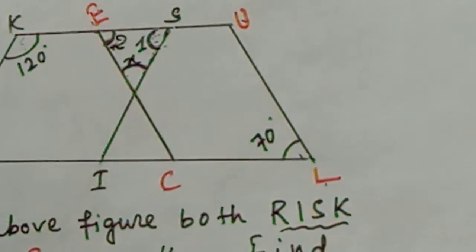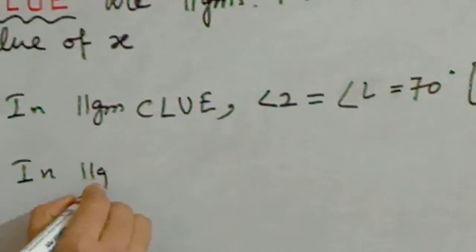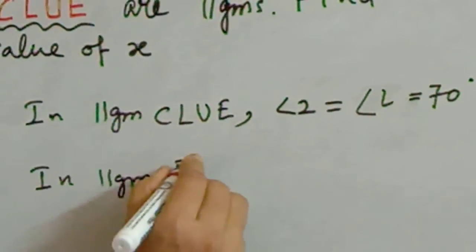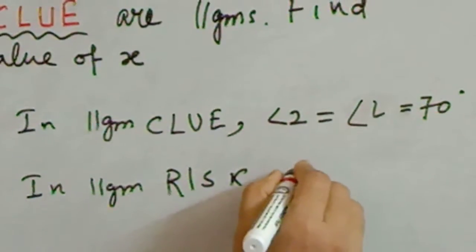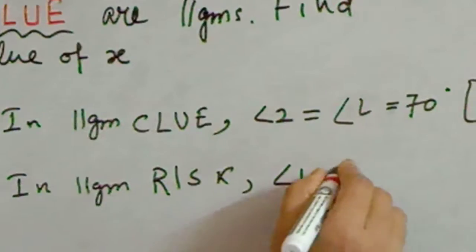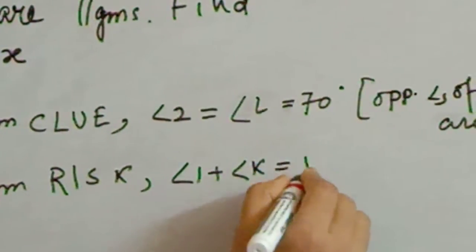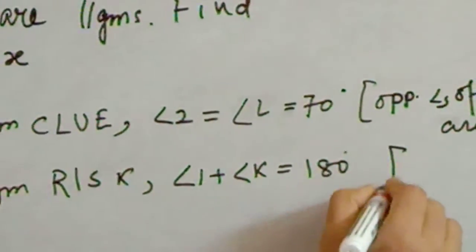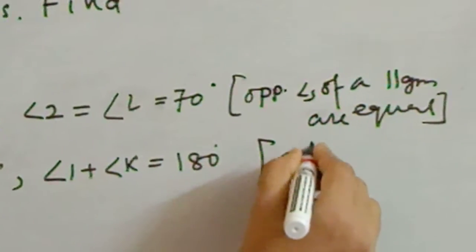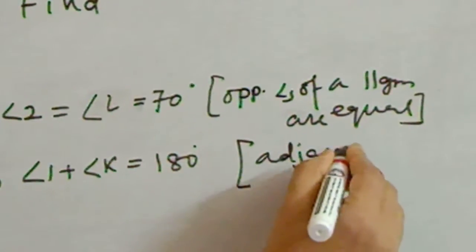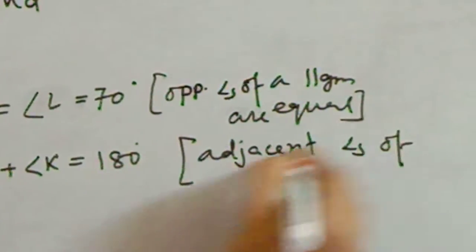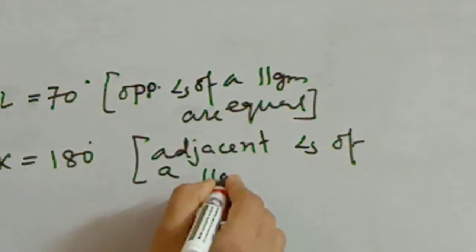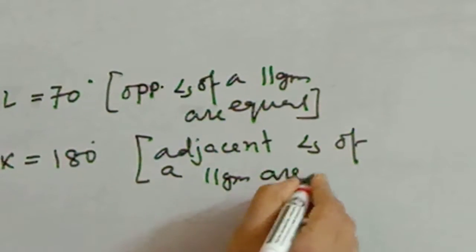Now in parallelogram RISK, angle 1 plus angle K is equal to 180 degrees. Reason: adjacent angles of a parallelogram are supplementary.